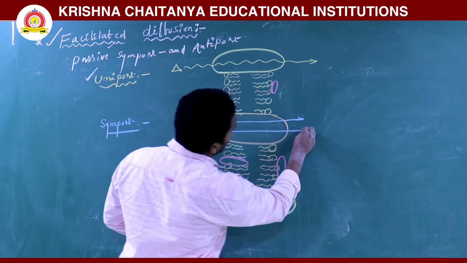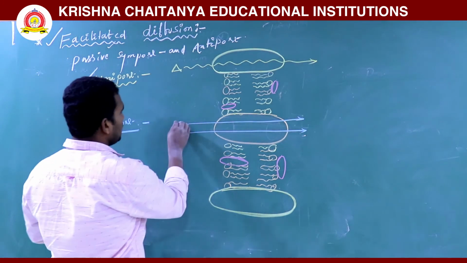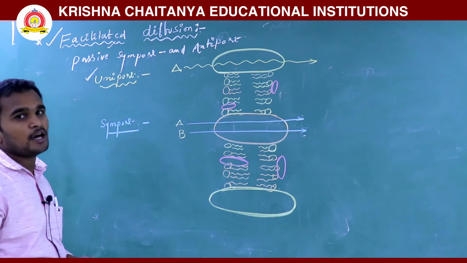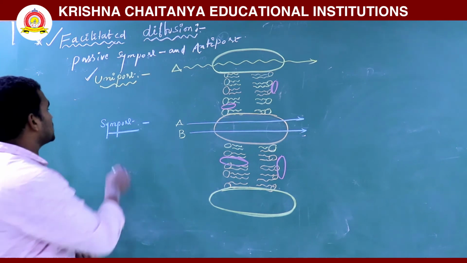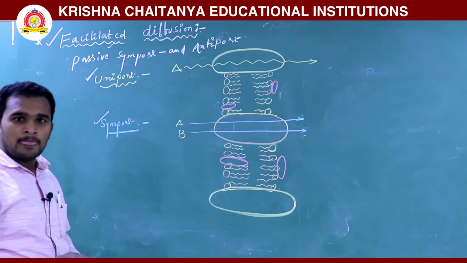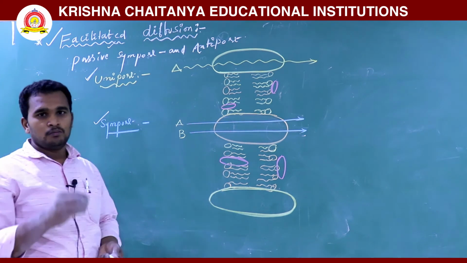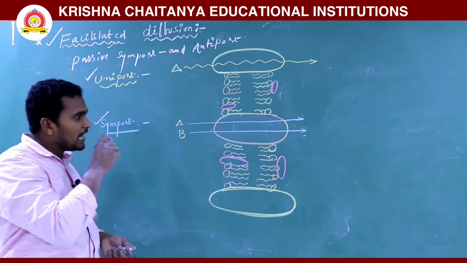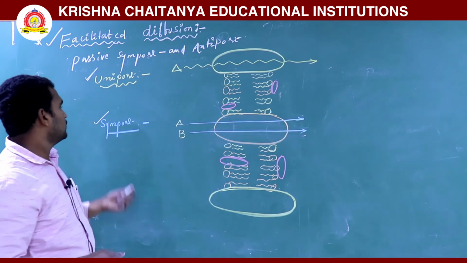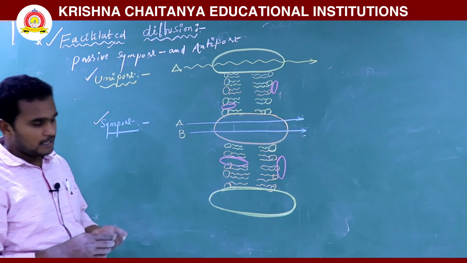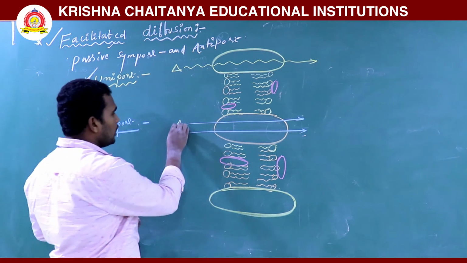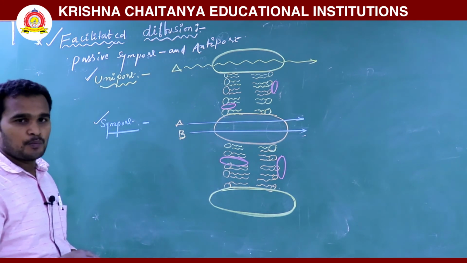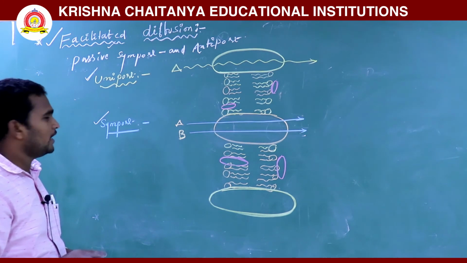Two molecules together pass through the same transporter protein in the same direction, and this is called a symport.